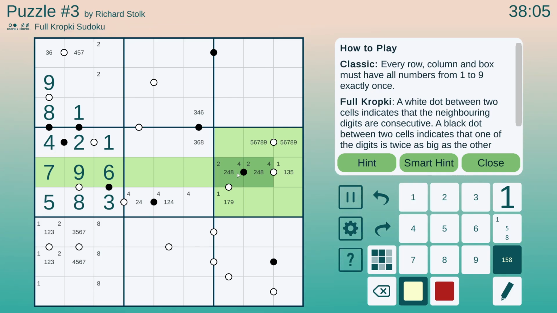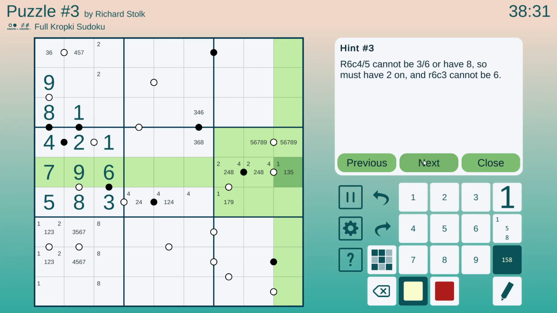So this is 2, 4, and 8. And is there definitely a 2 in here? Yes. So there's definitely a 1 following the 2. Or it could be a 3. It could be a 3 if it goes here. Oh my gosh. Okay, whatever.